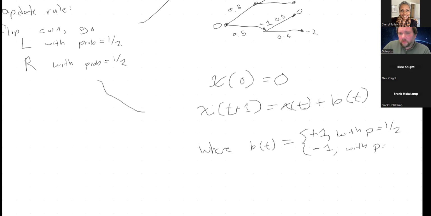And this would be a way where I'm taking this b of t random variable, which is just a coin flip, and now I'm writing this in my difference equation notation.